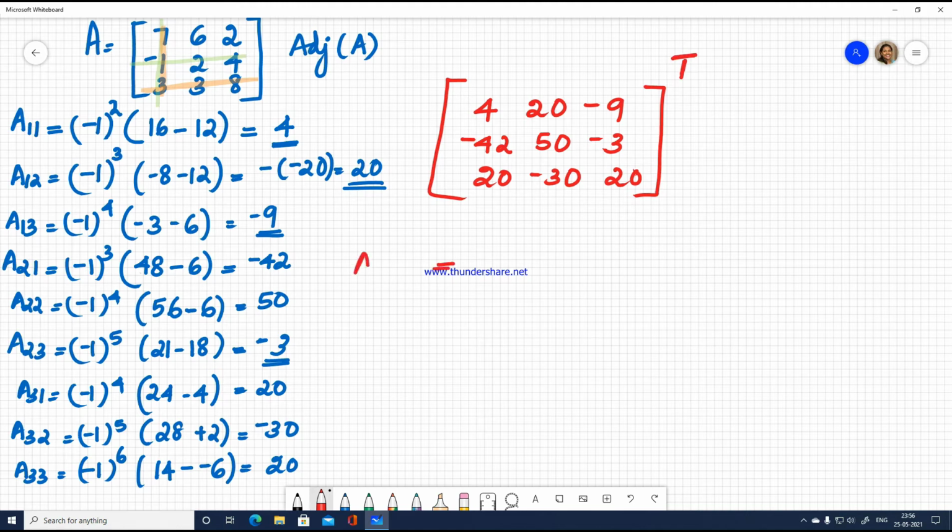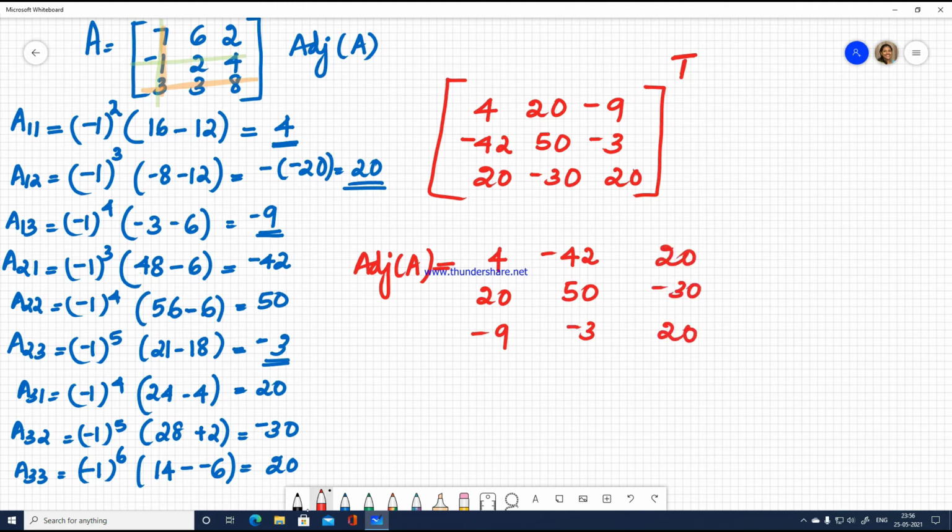So adjoint of A is equal to 4, 20, minus 9, minus 42, 50, minus 3, 20, minus 30, 20. So this is the adjoint of the matrix.